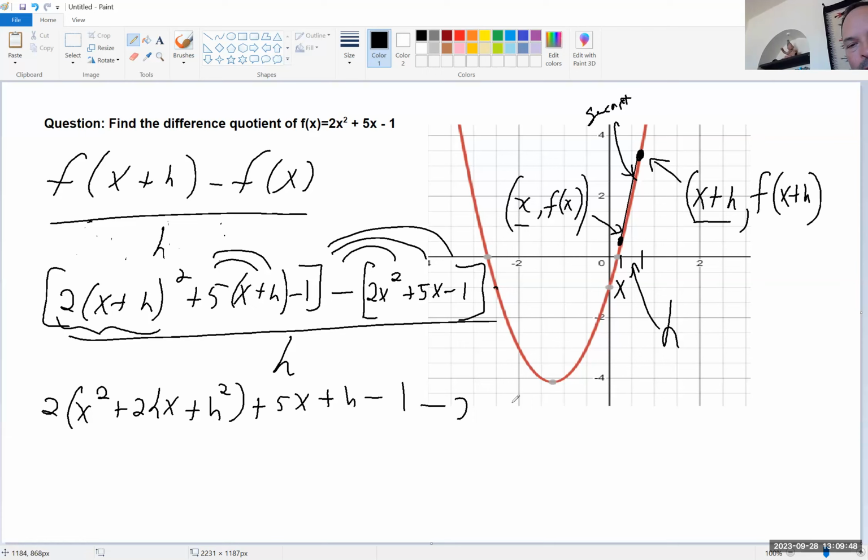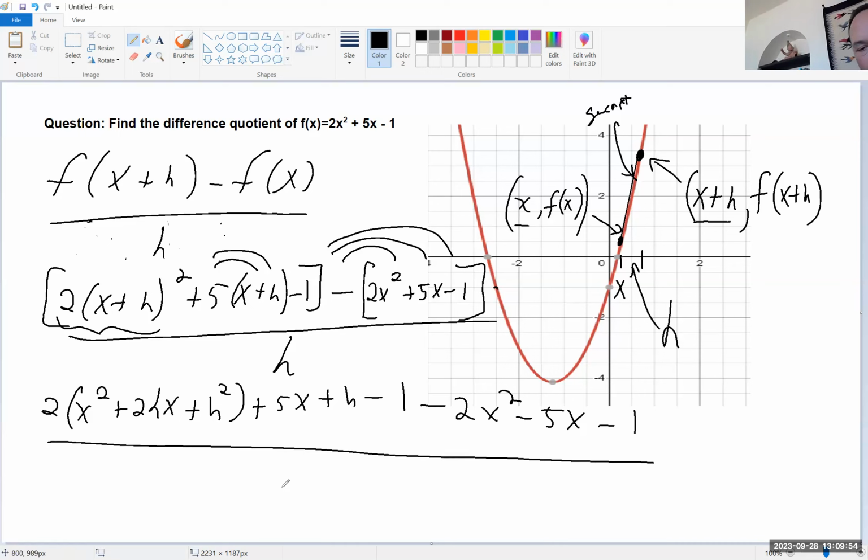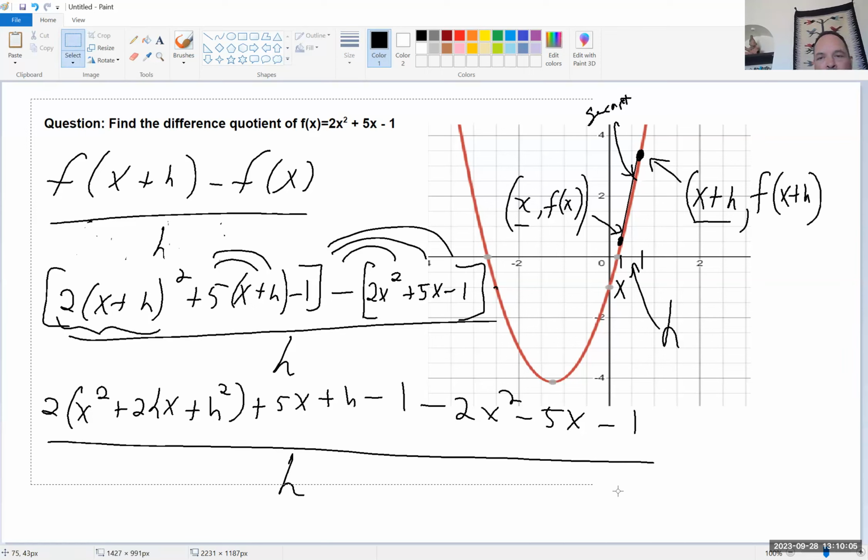So it's minus 2x squared minus 5x minus 1. Yeah, it's a really long thing. Fortunately, things are going to start canceling in just a minute.